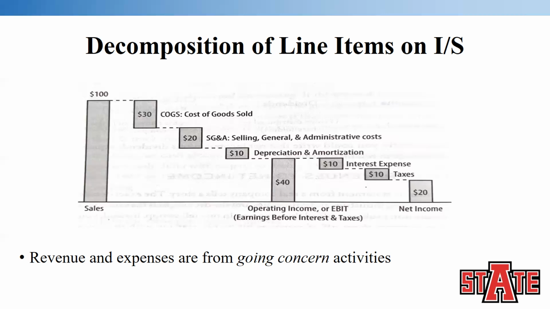For our purposes, throughout this term, throughout this class, and in fact for most of your MBA coursework, revenues and expenses will come from going concern activities, meaning product lines or services that the company continues to provide.